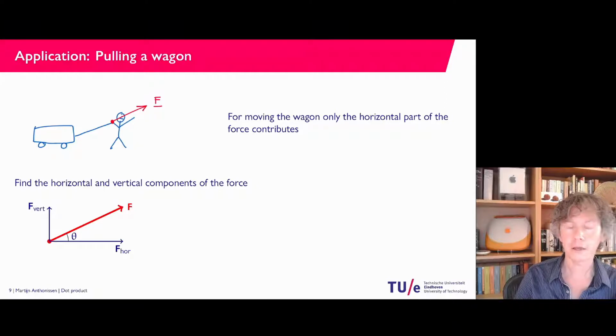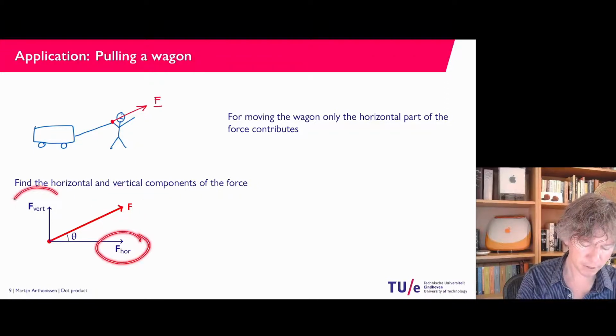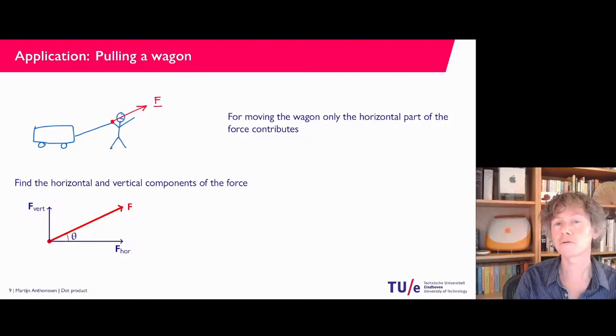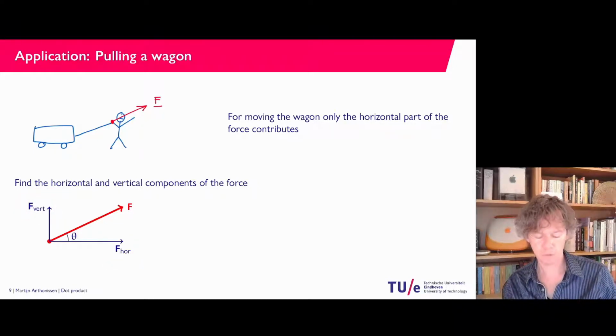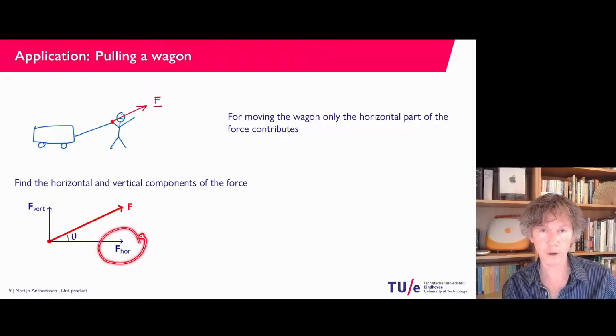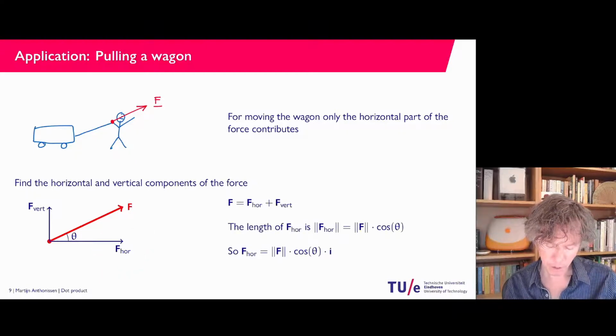So let's try and decompose this F vector here into a horizontal and a vertical part. Note that I made the F here and here also bold, since they are still vectors, but they only point in horizontal direction or vertical direction. So this one, for instance, will have a non-zero x component and a 0 y component. So we could put the angle theta here, and then we could consider this triangle.